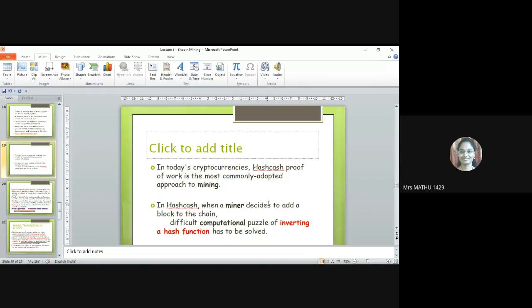When a miner wants to add a particular block to the blockchain, the block will consist of a set of recently produced transactions which are not yet verified, and those will be added into the block. Once the block is verified and validated, it will be added to the blockchain.